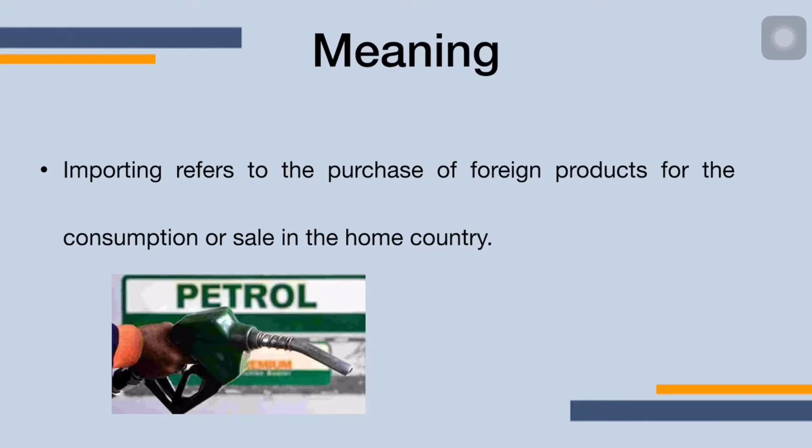We import petroleum because we do not have a source of petroleum in our home country. So, what is importing? It is where you purchase goods from a foreign country, either for your own consumption or for sale in the home country.